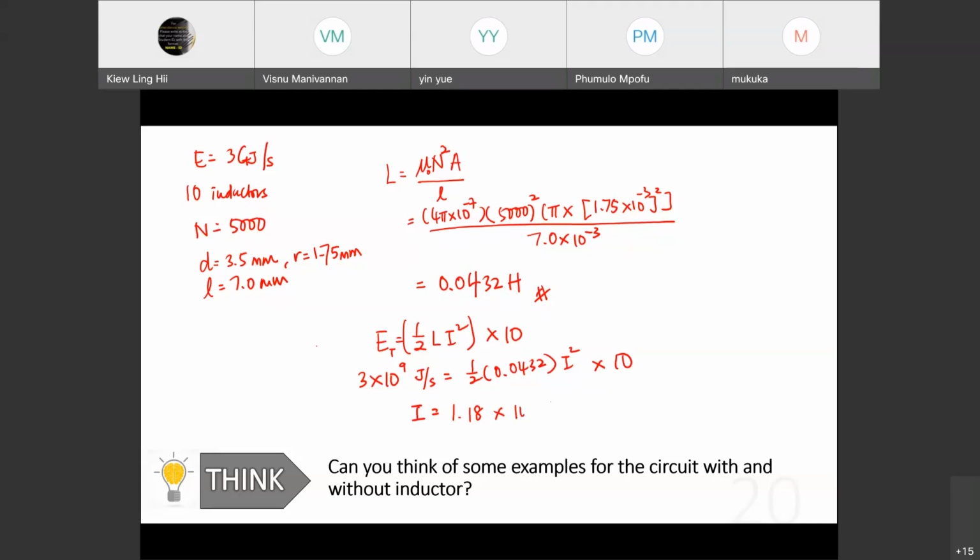So the amount of current produced by this arc reactor is 1.18 times 10 to the power of 5 amperes, which is crazily huge.